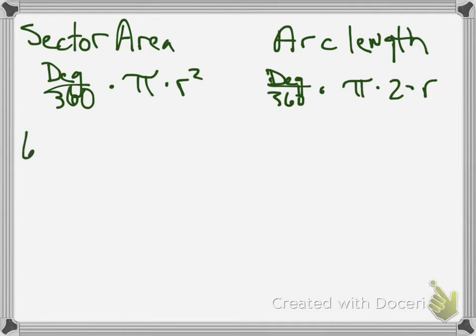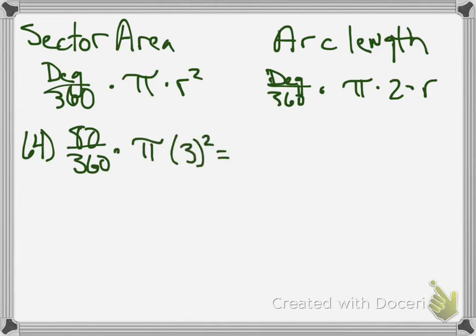All right, so they want the area of this one, DEF, which is a little bit better. So number 64, I would have just done 80 over 360 times pi times 3 squared and press enter and see what I've got. So let's see here, 80 divided by 360 times pi times 3 squared, and I get 6.28.